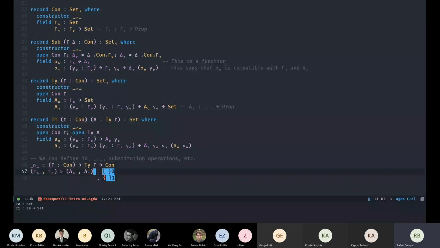Well, the first component is the set of pairs, so this is the set of pairs of gamma 0 and A0 with gamma 0 in gamma 0 and A0 in A0 of gamma 0.